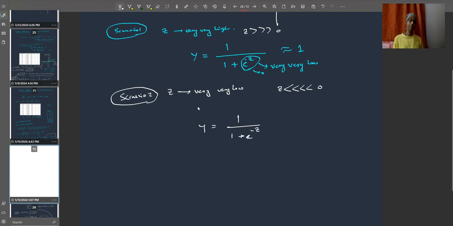This minus z is a negative expression, and z is itself a negative number. So minus of a negative number is equal to a positive number, and because the magnitude of this number is very high, the power of e becomes very high, which means this entire expression becomes very, very high. So basically this expression is converted into y is equal to 1 by a huge number.